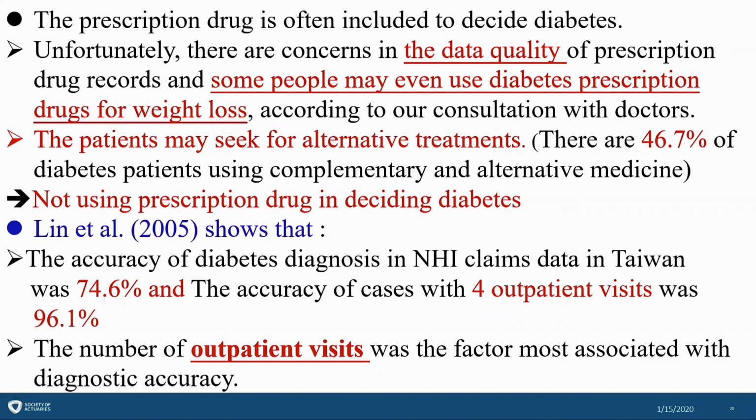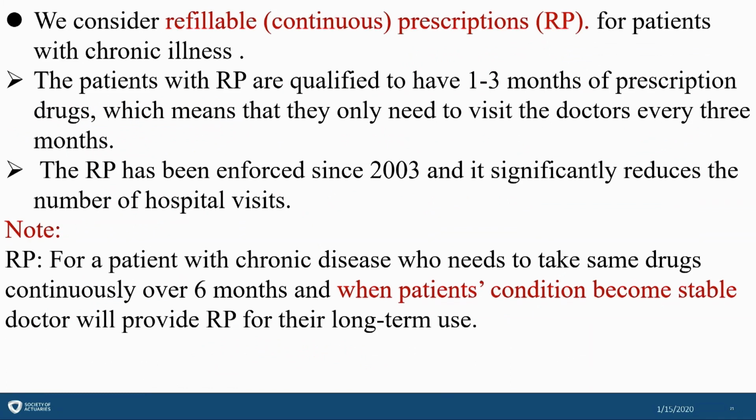In the paper Lin 2005, it shows that the accuracy of diabetes diagnosis in NHI claims data in Taiwan was 74.6%, and the accuracy of a case with 4 outpatient visits was 96.1%. So the number of outpatient visits was the factor most associated with diagnostic accuracy. So we consider refillable prescription, which we call RP, for patients with chronic illness.